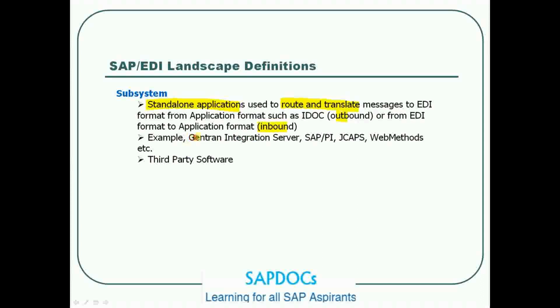Examples of subsystems are Gentran Integration Server, now named Sterling Integrator or SI, SAP Process Integrator, JCAPS, webMethods, etc. And these are all third-party applications.